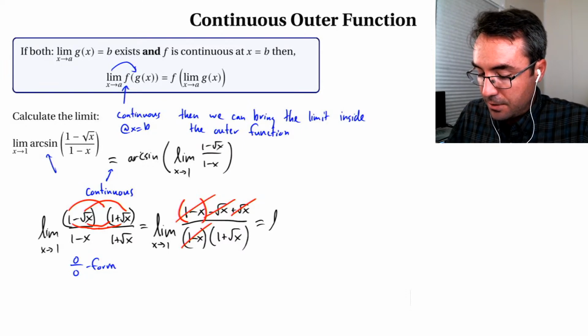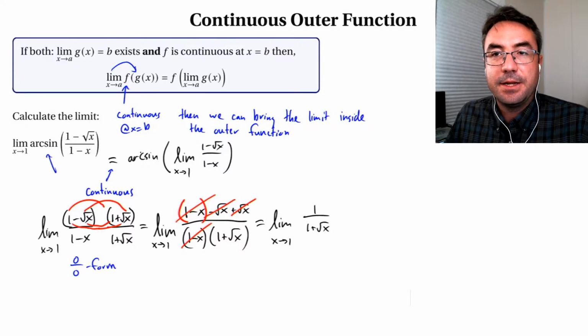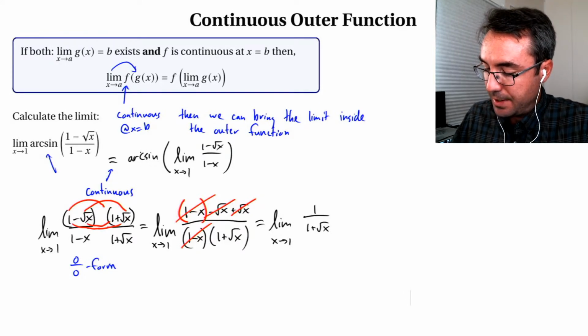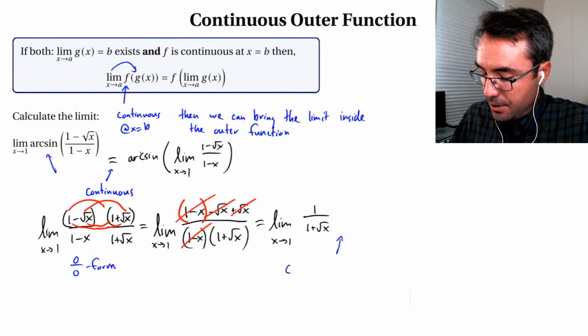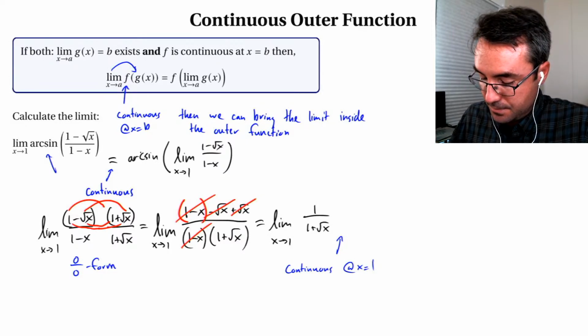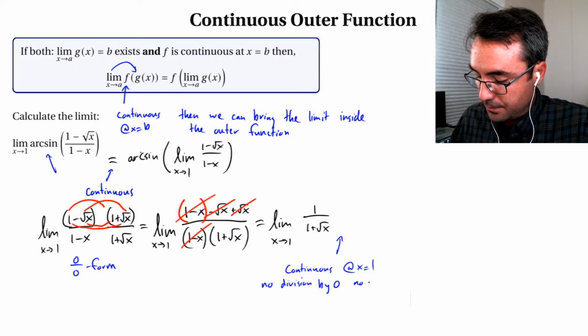So after all of that, we're left with the limit as x approaches 1 of just 1 over 1 plus square root x. And as soon as we do that canceling, we can plug in to finish evaluating this. We make note that this is a continuous function at x equals 1. So there's no division by 0, and there's no negatives under the square root.